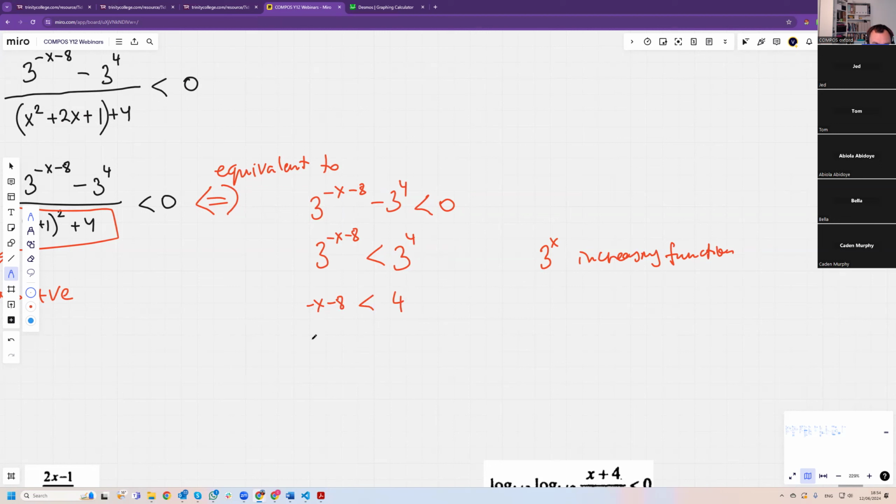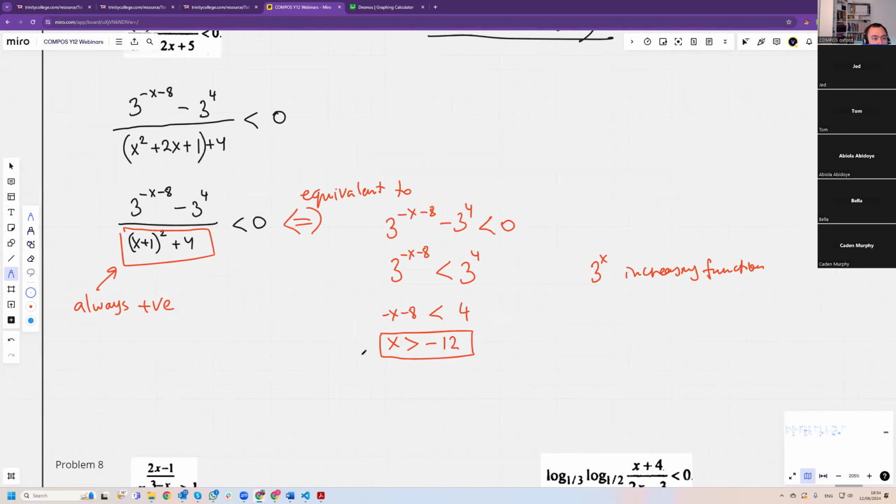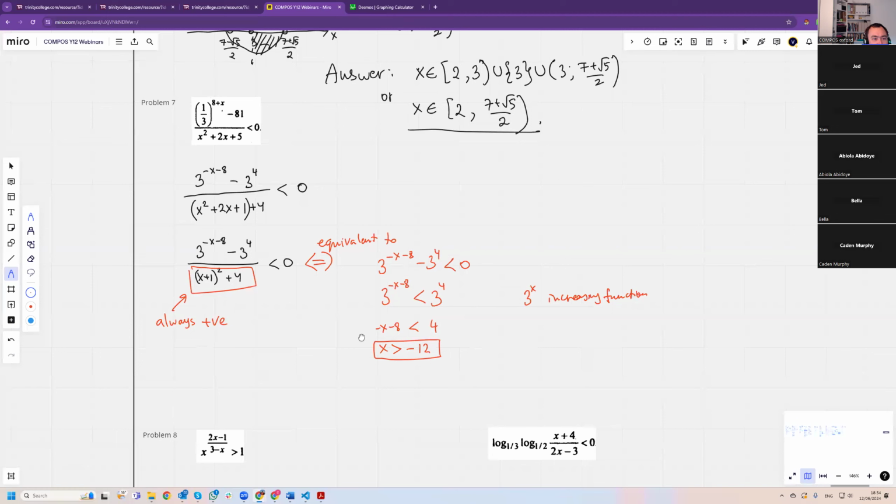And that means x is greater than minus 12. That's the solution. That's quite cool. I didn't expect that answer.